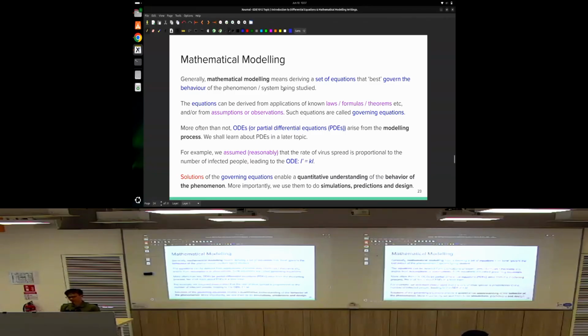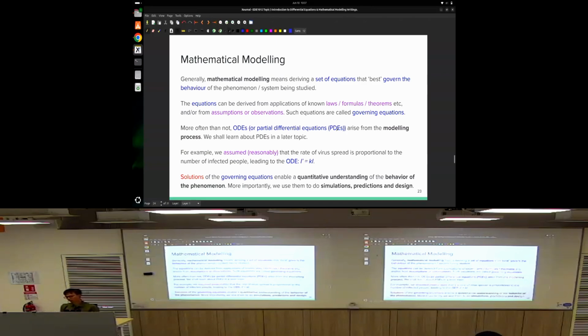Later on we have a concrete example. So the equations can be from laws, formulas, theorems, and can also be assumptions and observations. These equations are called governing equations, and they are usually differential equations. Now, you can have ODEs or you can have PDEs, depending on what function you want to know.